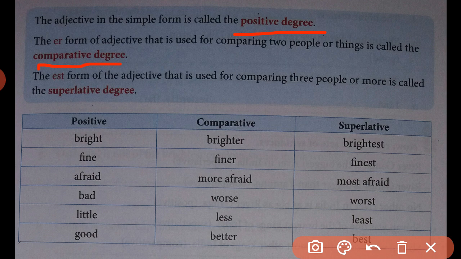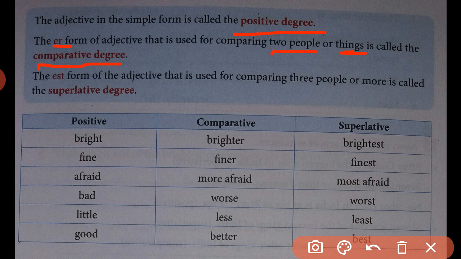Whenever we add er to the adjective, that is in a simple form, then it becomes the comparative degree form. What does this line indicate? The er form of adjective that is used for comparing two people or things is a comparative degree. Clear?